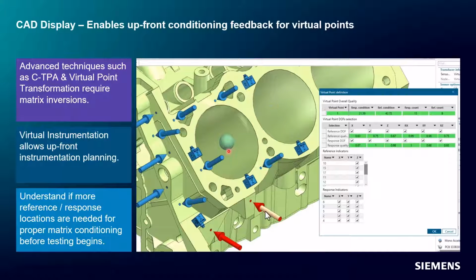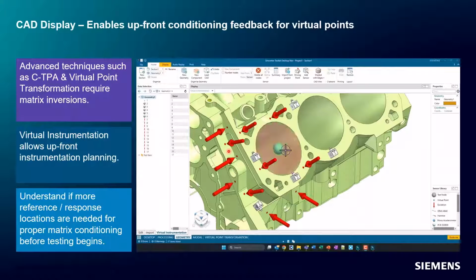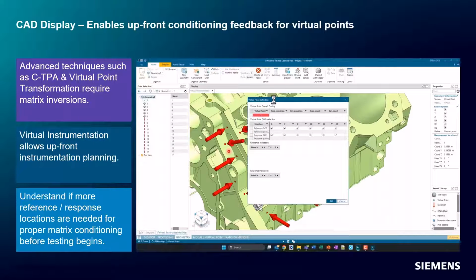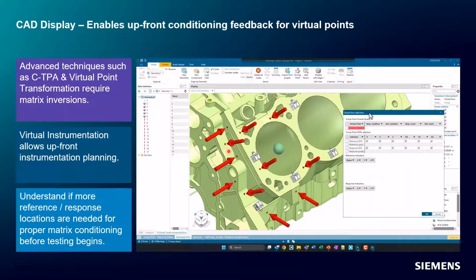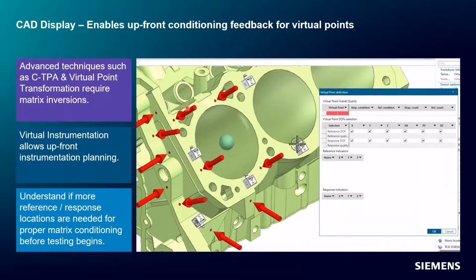We obviously cannot impact the engine block in a space, in a point that's hanging out in space. And so we use a tool like virtual point transformation to calculate what the FRFs would be. And we feed that transformation a bunch of information from transducers on physically accessible locations around the structure.